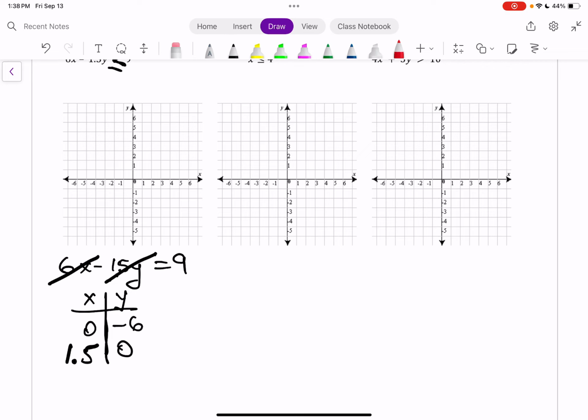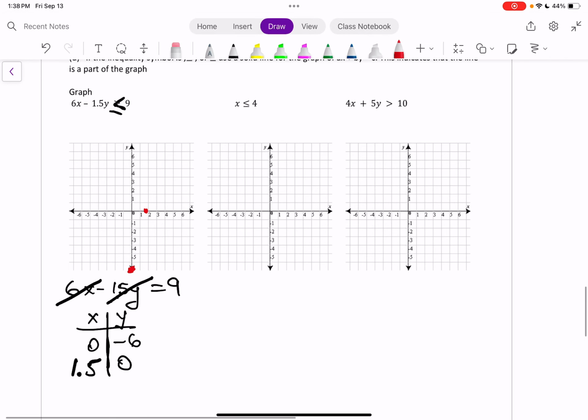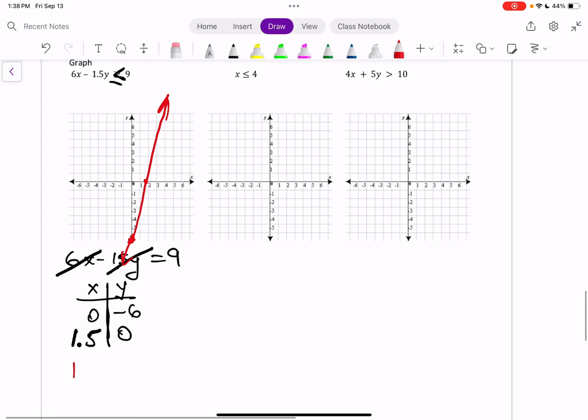So here it is, -6 for y, 1.5 for x. This inequality said or equal, so I draw the boundary line solid. And then I have to see which side of it I need to shade. So for this, I pick any point that I know is not on the line.